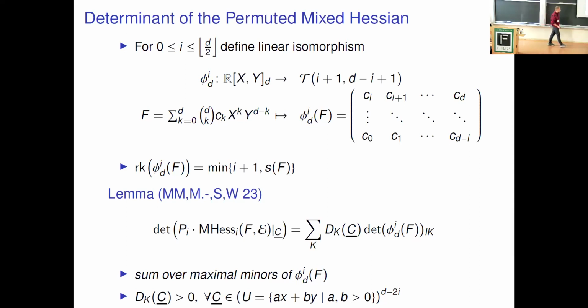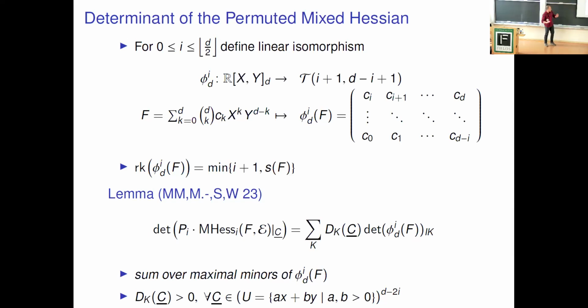And so now you can see how this works. If I assume that all these maximal minor matrices are positive, then these coefficients are positive, and that means the permuted mixed Hessians are positive, all on this open standard cone. And I can draw my conclusions from this here.